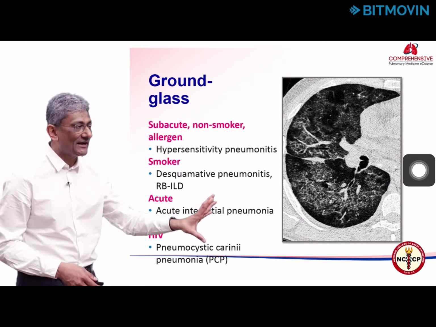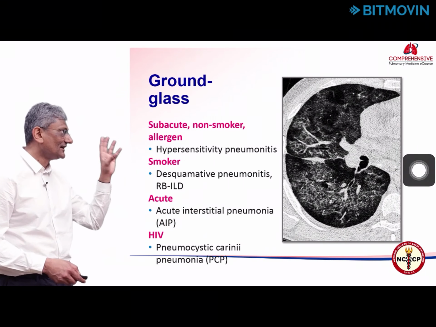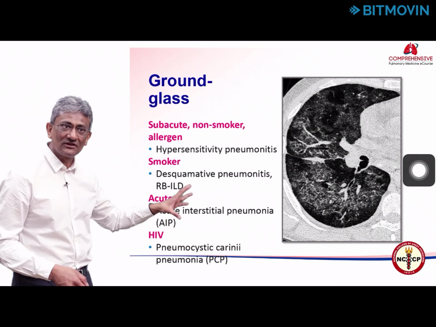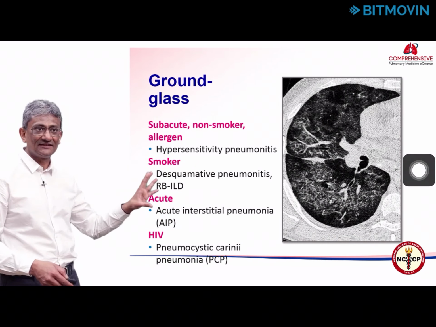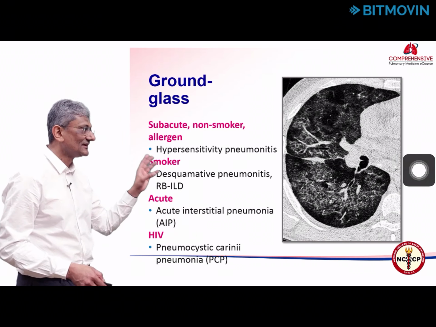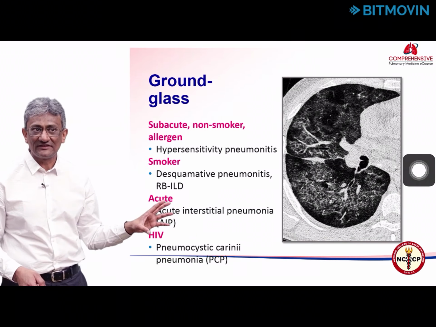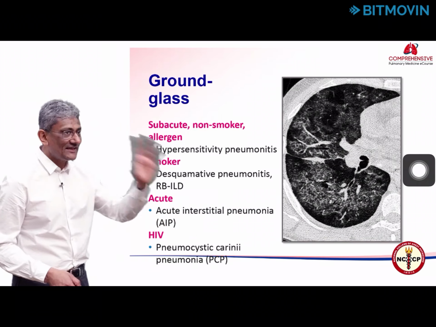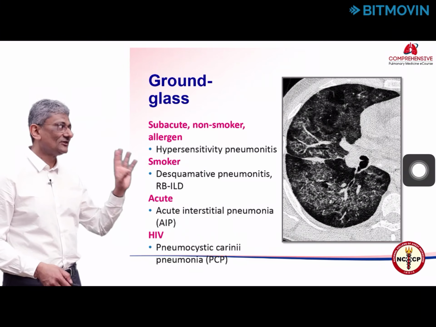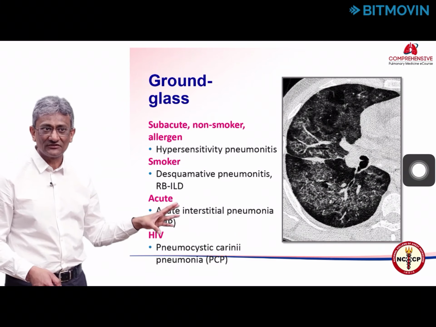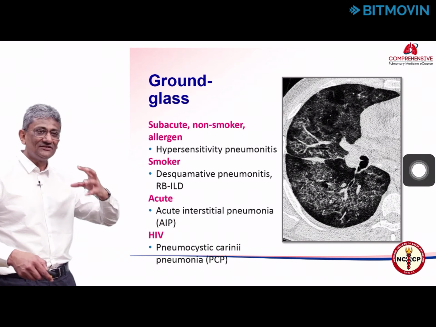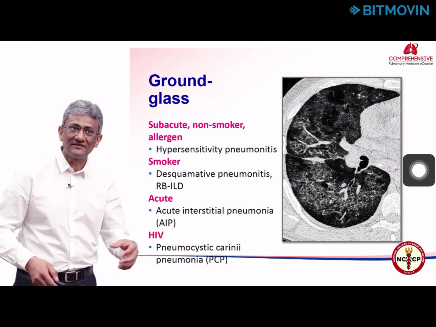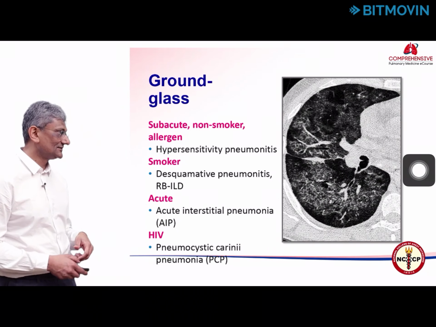So the same pattern that we see on the right, if the patient is a non-smoker, if it is of subacute onset and there is a history of exposure to pigeons, we would call it hypersensitivity pneumonitis. The same pattern in a smoker would be called desquamative interstitial pneumonitis, or if the lesions are less severe, perhaps respiratory bronchiolitis ILD.